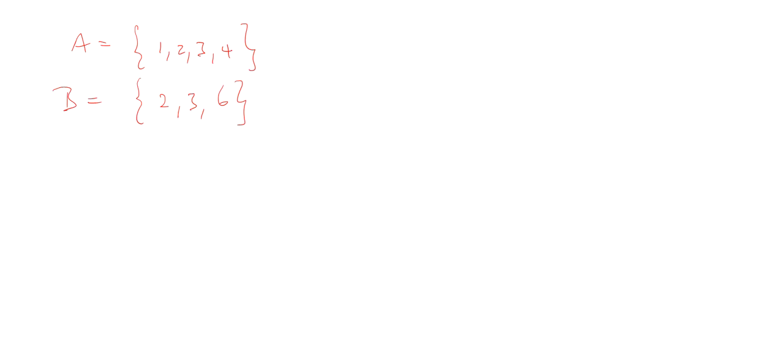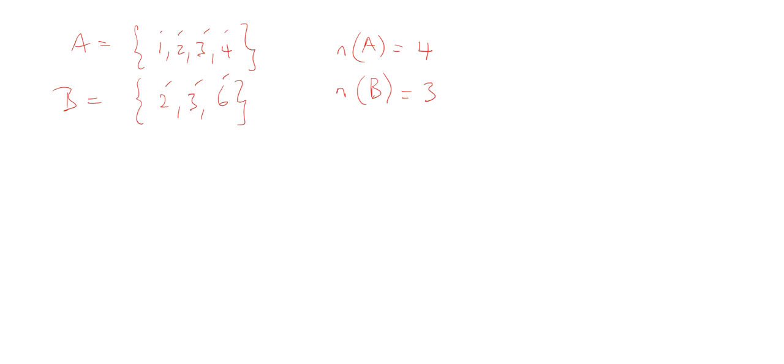Right? Now if I ask you something like this, what is n of A? N of A means how many elements do we have in the set A? In this case we have 1, 2, 3, 4 elements. So the number of elements in the set A is 4. The number of elements in the set B, look at it, we have 1, 2, 3 elements. Alright, so the number in B is 3.